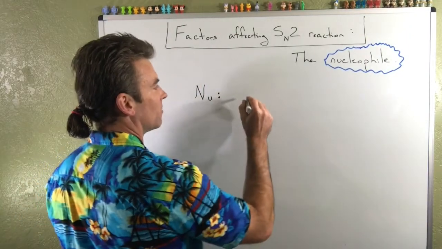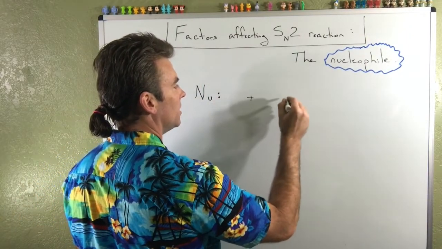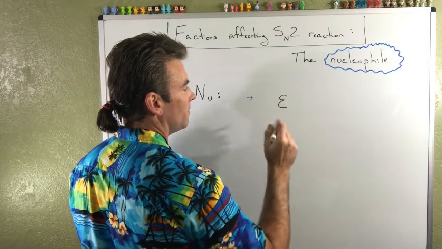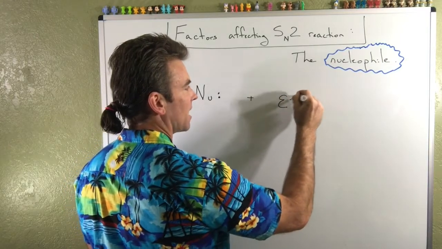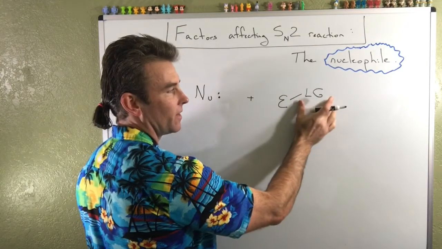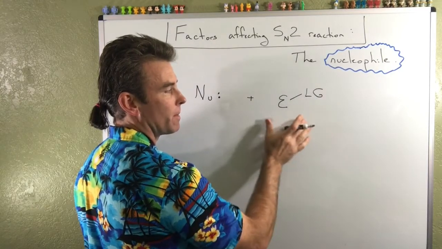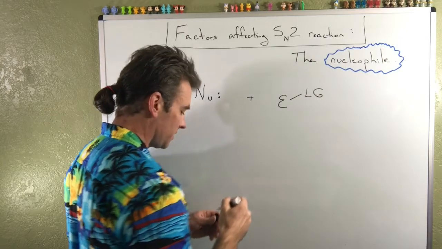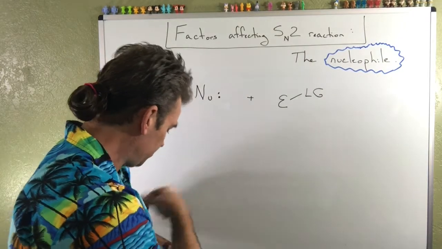The next thing that we're going to need is the electrophile and the leaving group, which I'll abbreviate in kind of an odd way. Remember, this whole entire thing, this is what we called a substrate.